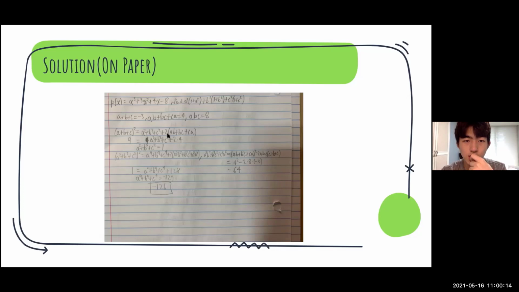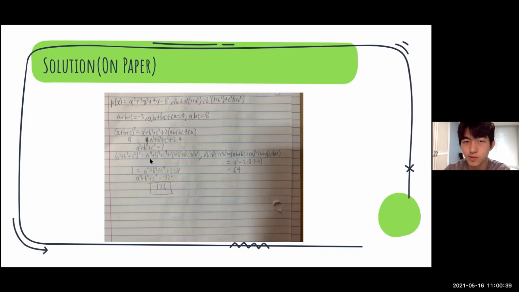Then I found the first part, a squared plus b squared plus c squared, by using this formula above, which is a version of expansion. By this, we found that a squared plus b squared plus c squared equals 1.